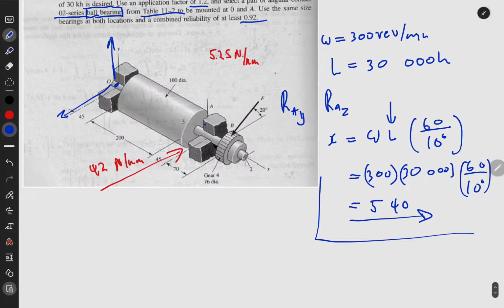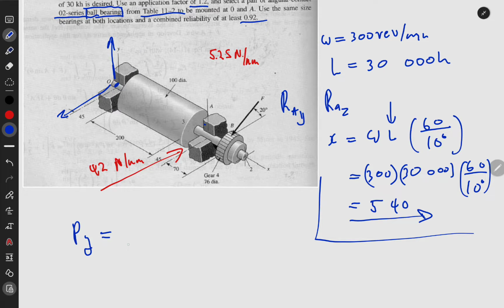It is worth noting that the forces they give are not really forces, but forces per unit length. So we are going to have some, let me call it, P_Y. Y is up and down in this scenario.